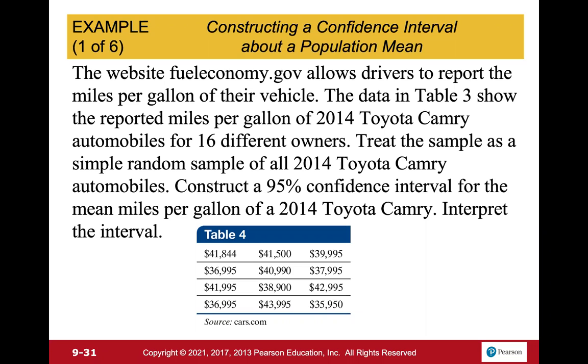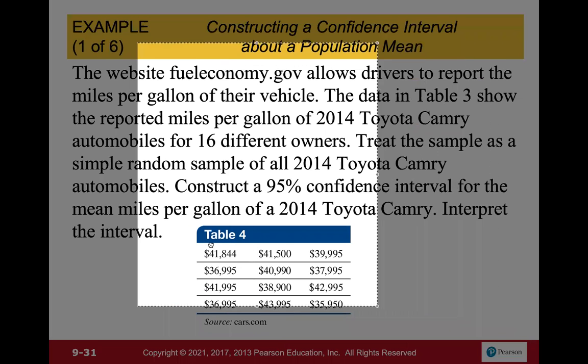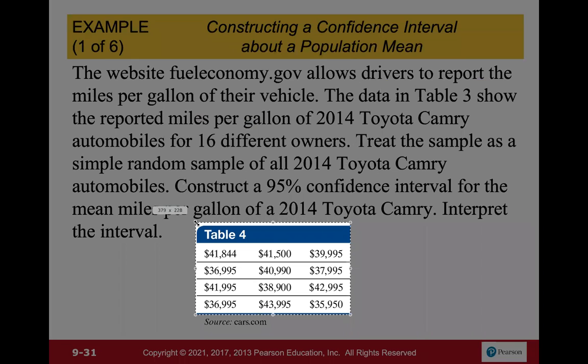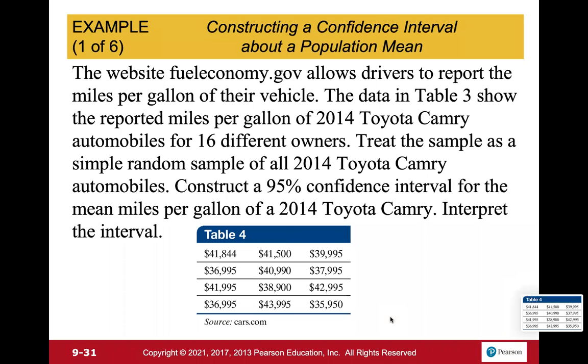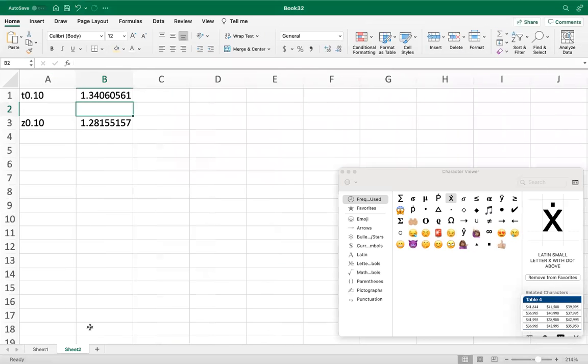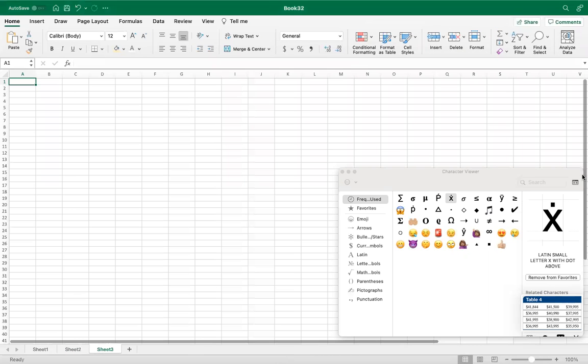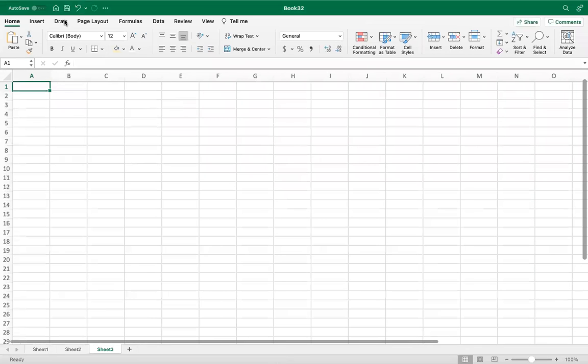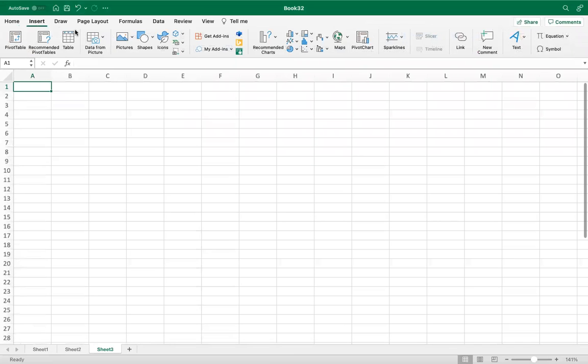Let's copy it. And now that we have that, we could come over here and insert data from table.